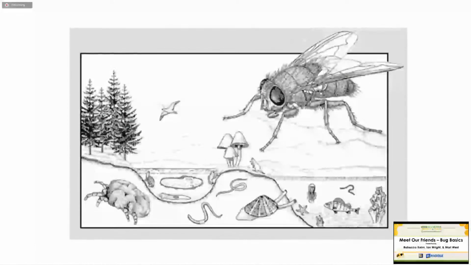What's so cool about this image is they've had an artist draw a representative creature of all these different large groups of organisms on the planet at relative scale, relative to how diverse they are, how many species there are in that group. So if you're looking, obviously the biggest thing is this fly.